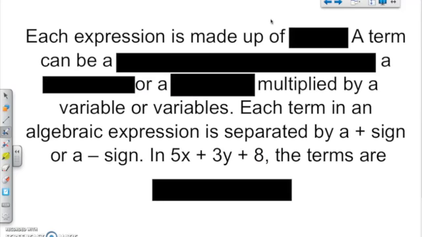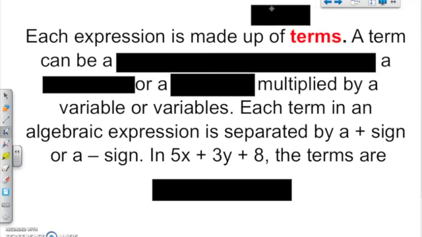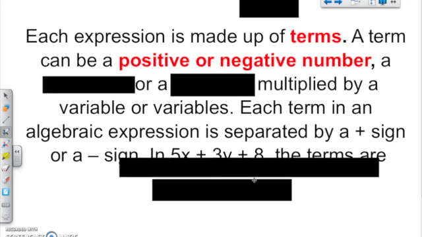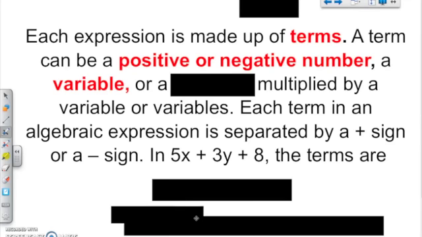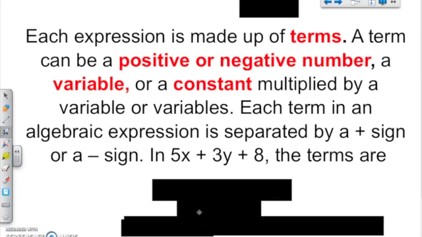Each expression is made up of what we call terms. A term can be a positive or negative number. It could also be a variable, or it could be a constant that is multiplied by a variable or more than one variable.